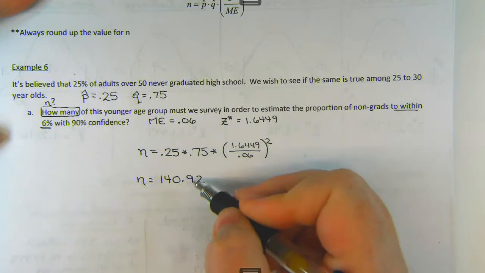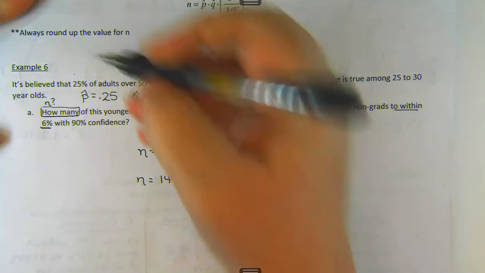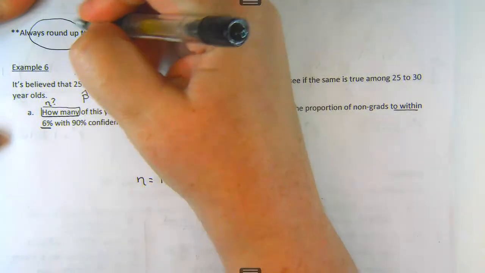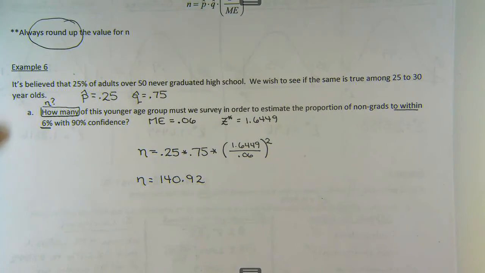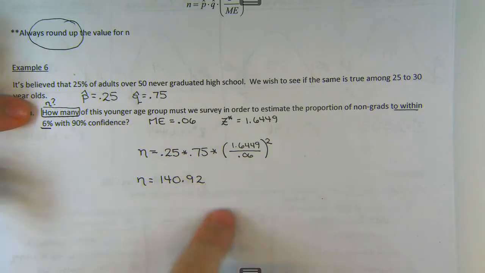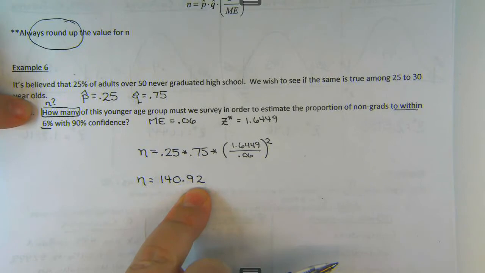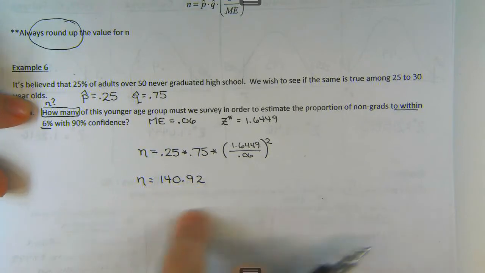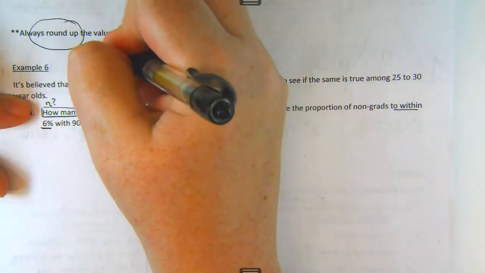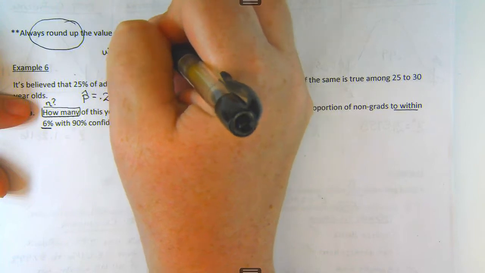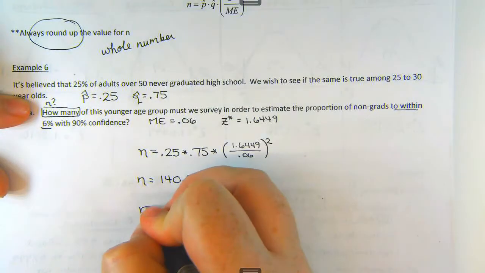And while here the rounding rule tells us to round up, really you want to keep in mind that we always round up for sample size. And we'll always round to a whole number as well, because if we're sending out surveys, you can't send out a fraction of a survey. So we're always going to want a whole number here as well. So we round up to a whole number, which is going to be 141.